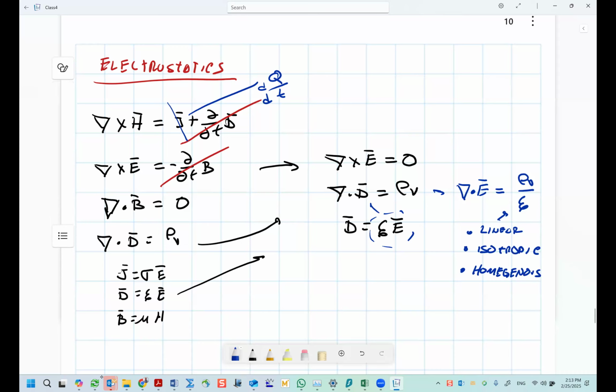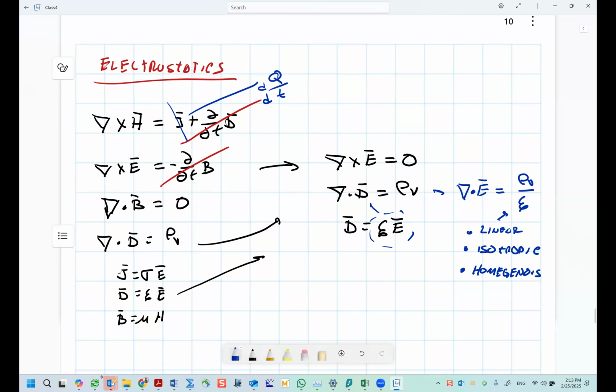I have never come to something that is not like this. Maybe if you want to analyze corona effect on a transmission line, you may have to do some crazy things, but that will go beyond fields. So I have not come across a problem in which I cannot do this. All right.